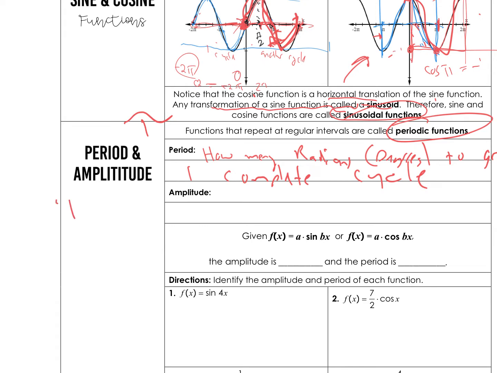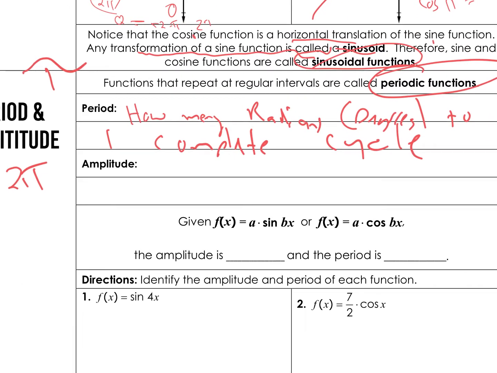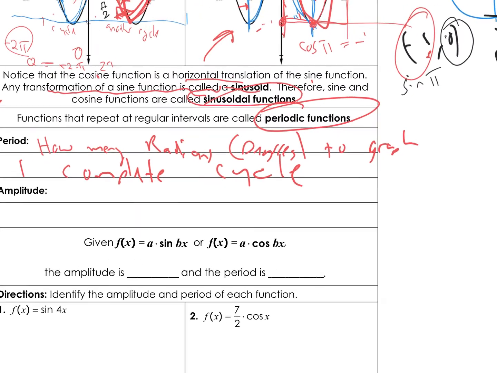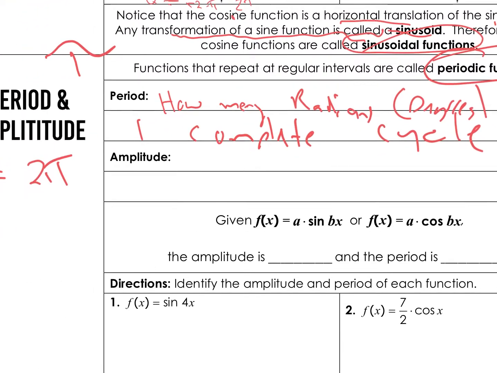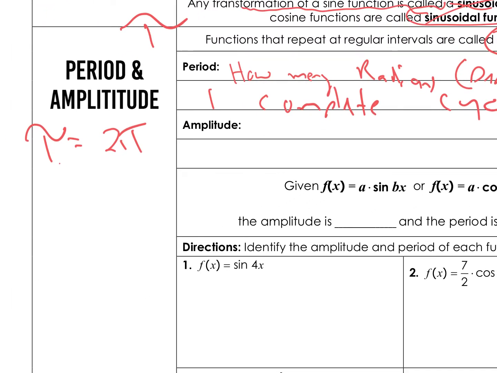So you can say tau could be 2 pi. We'll get to the actual formula for a period in a minute.